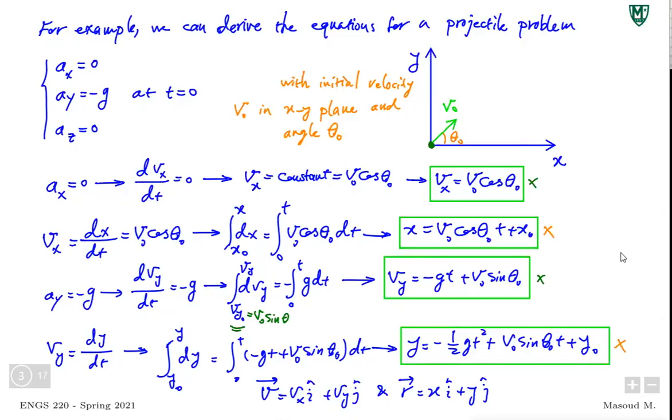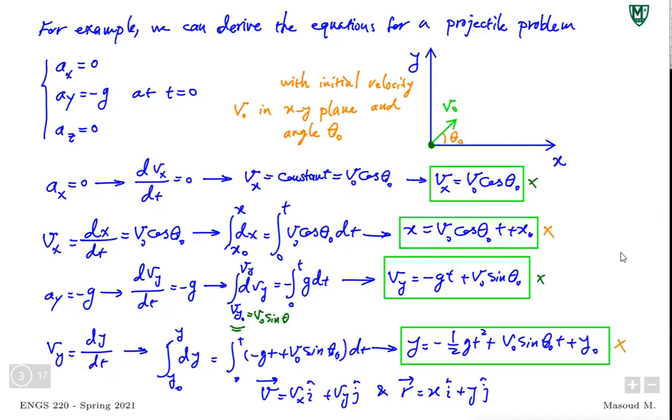And then following the definition for acceleration, we could find the components of velocity in x and y direction, and using the definition for velocity, we could find components of position x, y. Using these, we can say exactly, at any given moment, provided that we have enough information about the problem, where the particle is in this plane, and how fast it's moving, knowing vx and vy.